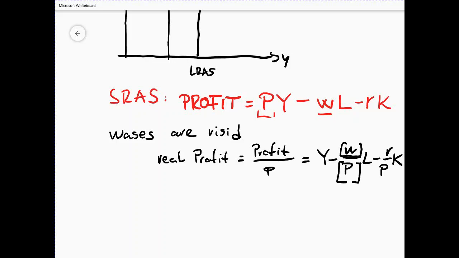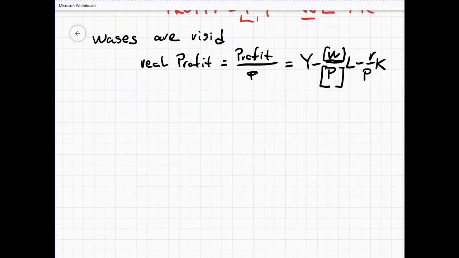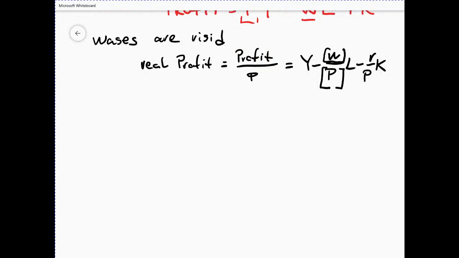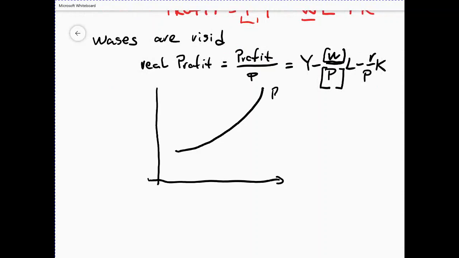And that means that we now have a positively sloped SRAS. So in the system, we must have a positively sloped SRAS. Now, what could cause a change in the price level?